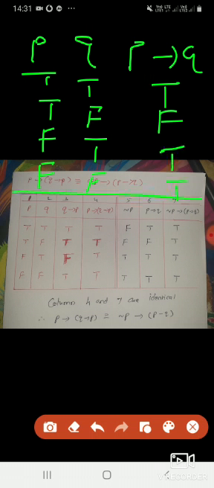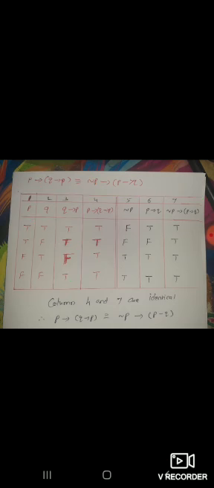Only this truth table we are using. First P, Q, Q to P: true, true, true. False to true, true. True to false, false. False to false, true. Everywhere we use the same table, and in order we complete it. So listen. Now let us see this one.